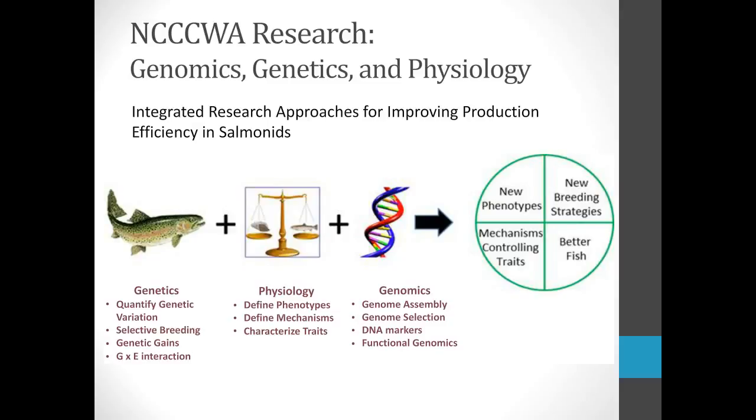The physiology-related research is important to this effort as we define phenotypes and additional mechanisms that are controlling these economically important traits. The genomics research is both improving the current rainbow trout genome assembly, but more importantly, identifying DNA markers that will help us work towards genome selection programs.